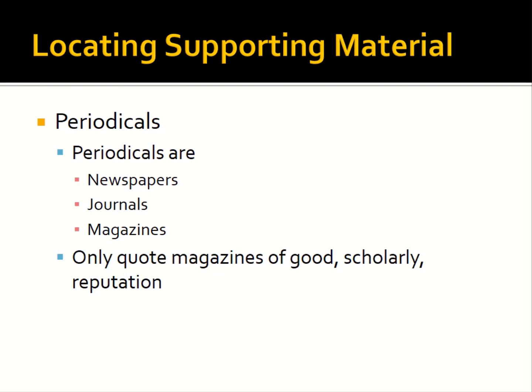You'll want to look for things like academic journals if you're looking for academic peer-reviewed sources, and you'll find those through the library. Magazines are another periodical. Again, not very academic in nature, so you want to be careful about what magazines you choose if you're doing any kind of coursework.